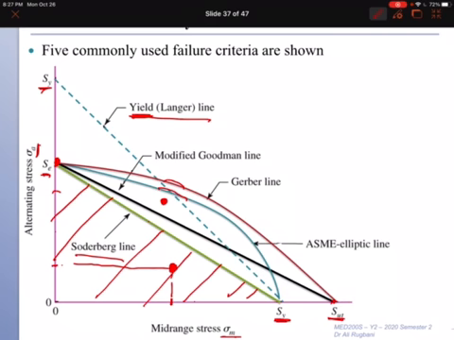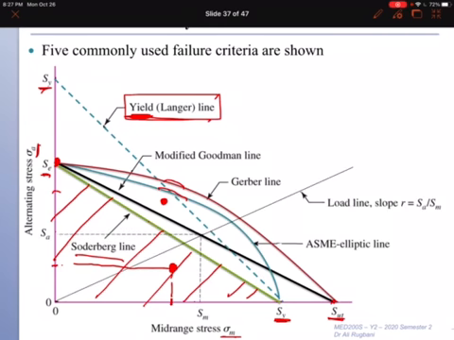If the point is outside the yield line, if the point is not under the curve of the yield line, that means we will have failure from the first cycle. There will be static failure.